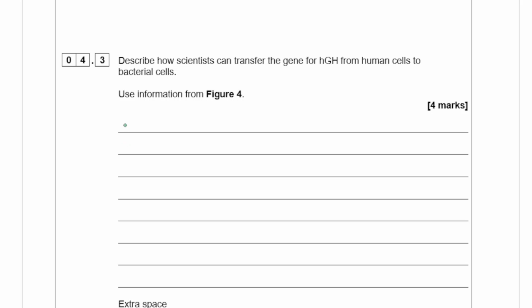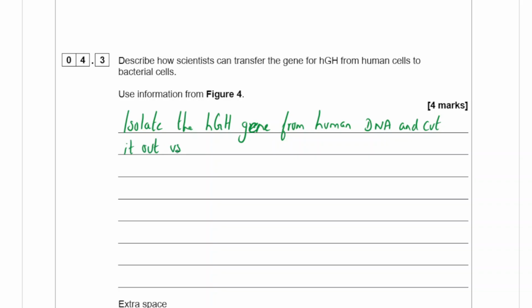First of all, isolate the HGH gene from human DNA and cut it out using enzymes.